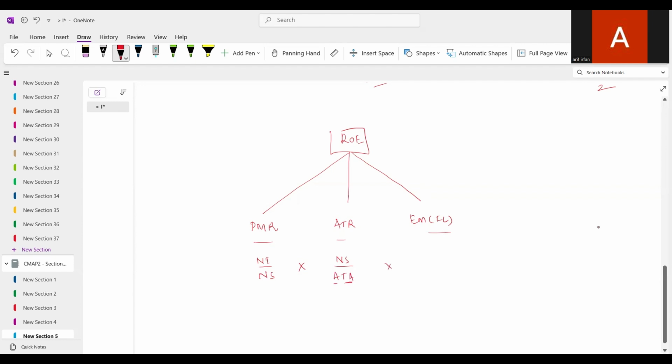Then multiply with the equity multiplier, the financial leverage, that is average total assets by average total equity. When you cancel these things, finally we get net income by average total equity. It's nothing but return on equity, return on investment, here in the sense of return on equity.